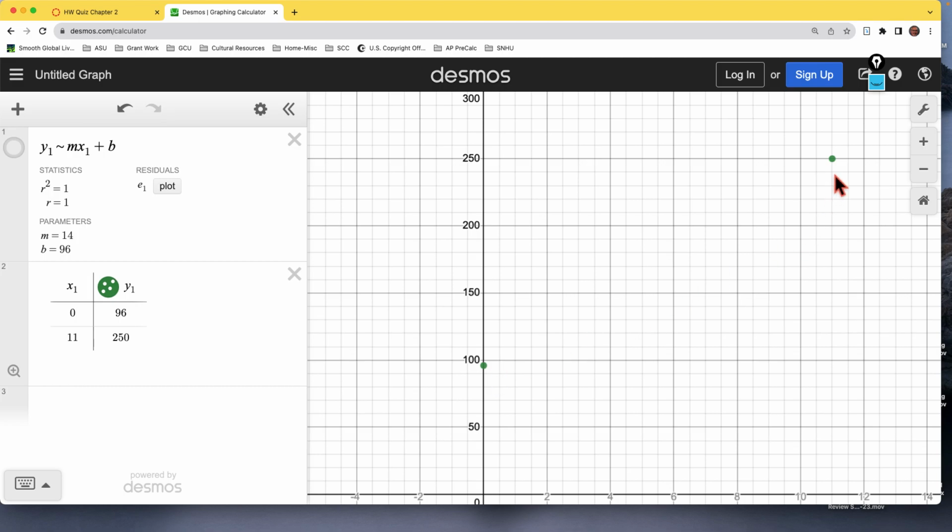Year 11 was 250. Notice I turned my equation creator off, but as soon as I click on it, it's been turned on. There's the line that connects those 2 points, and I've got my equation right here. y equals 14x plus 96.